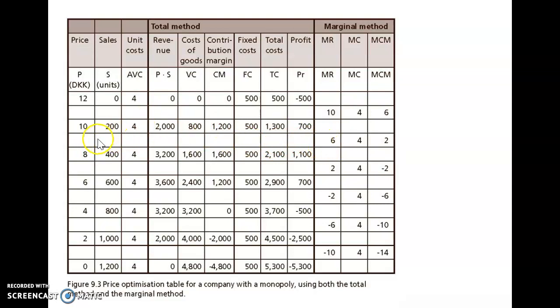Because the price for these extra units is 8. Yes, it's correct. But if you stayed here, you had 200 people who were willing to pay 10. But because you wanted to extend your number of units sold, you had to decrease the price from 10 to 8. So you had a loss.